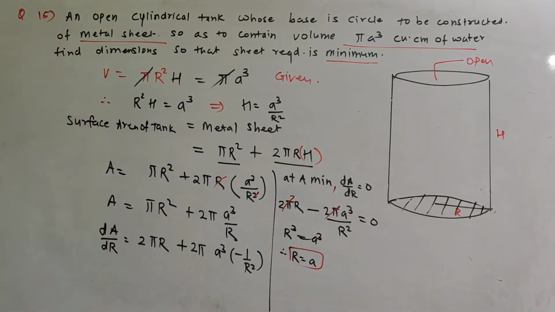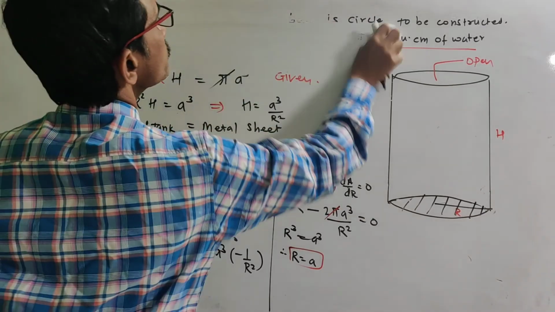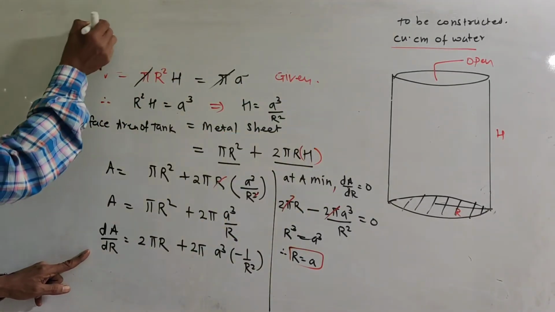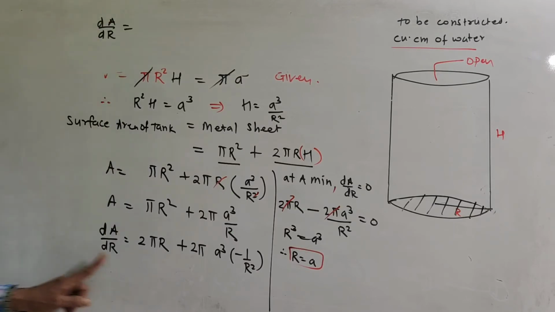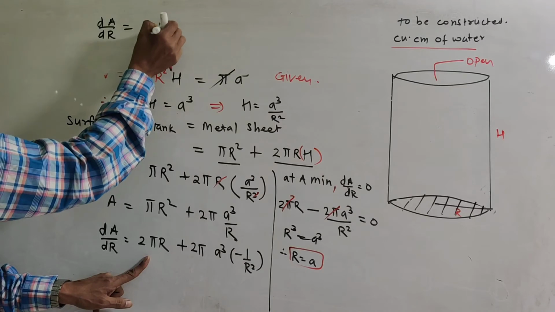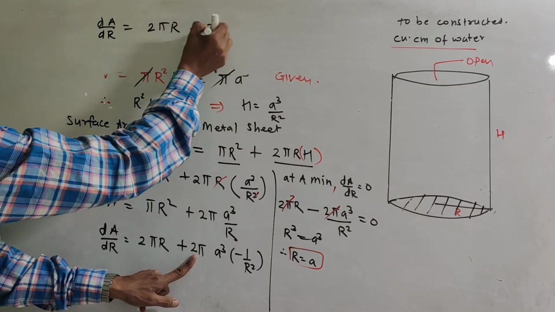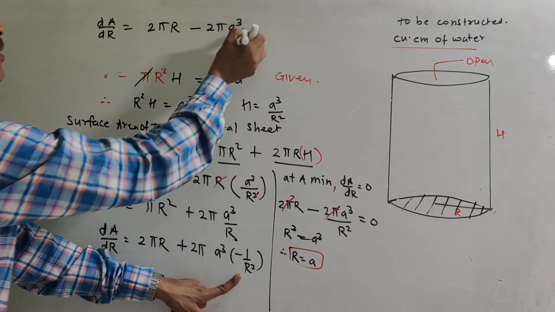Now we find the second order derivative. We have the first order derivative dA by dr equal to 2 pi r minus 2 pi a cube r to the power minus 2.